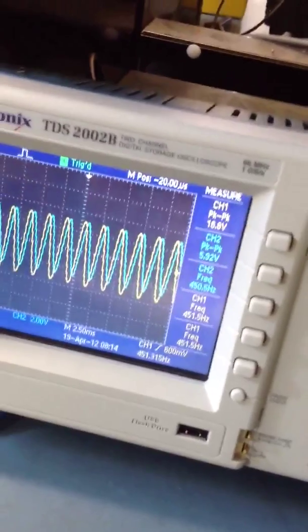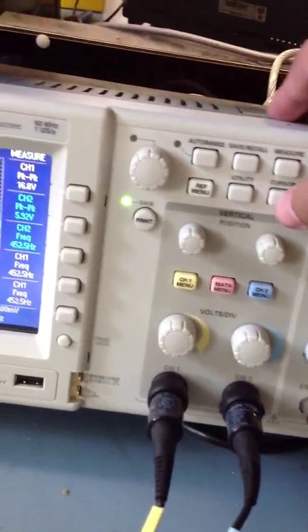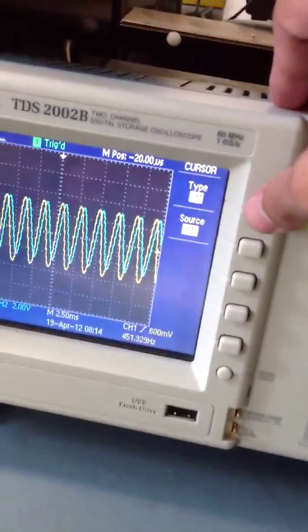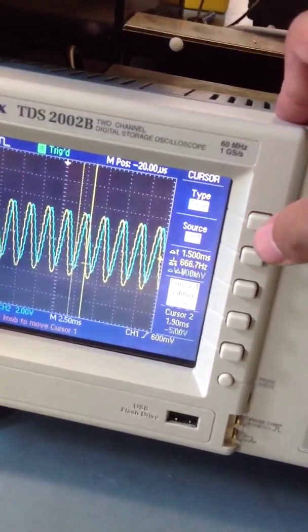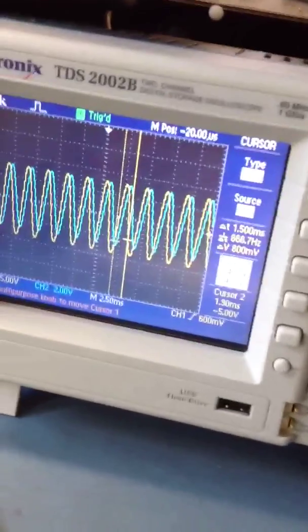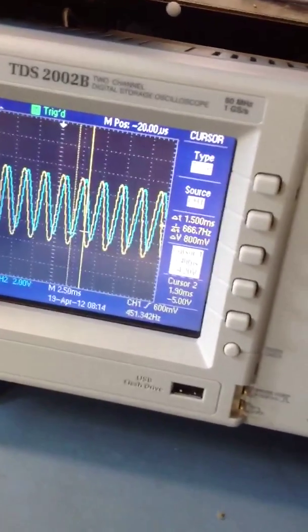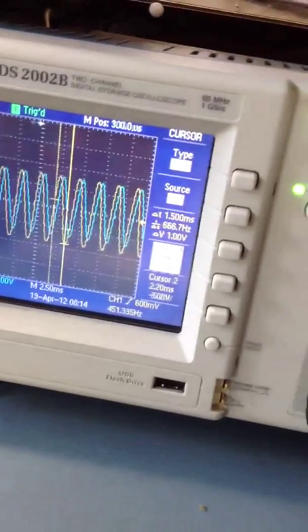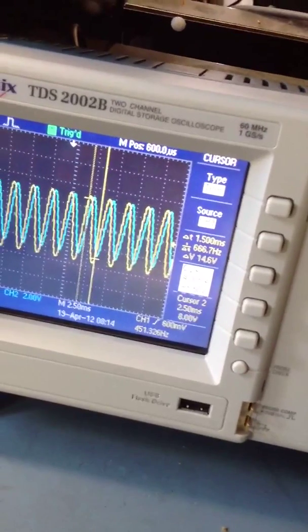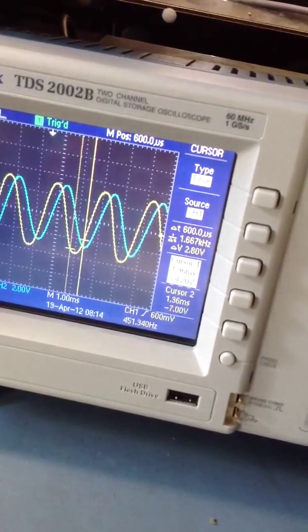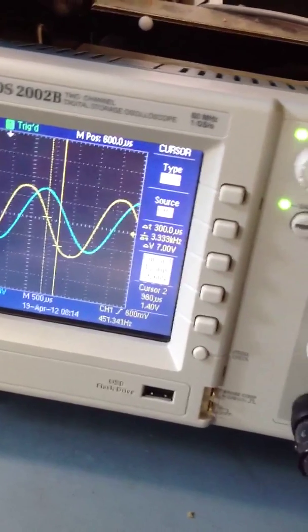And now to determine the phase lag, I'm going to use the cursor, and then I'm going to type time. Move the position of the whole thing. Hold on, let's zoom in. There we go.